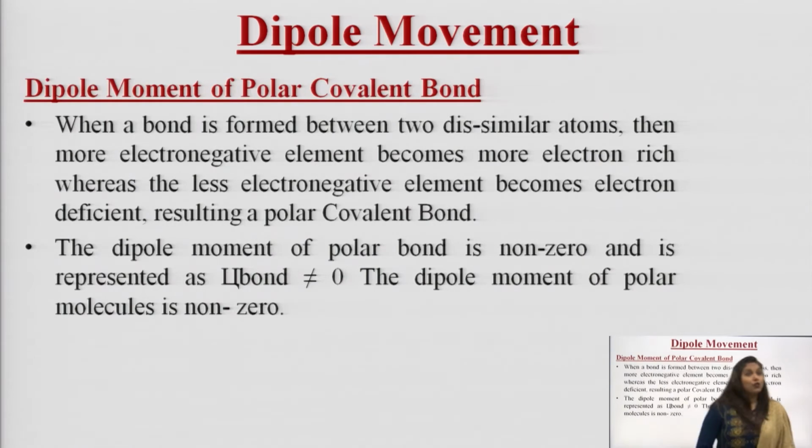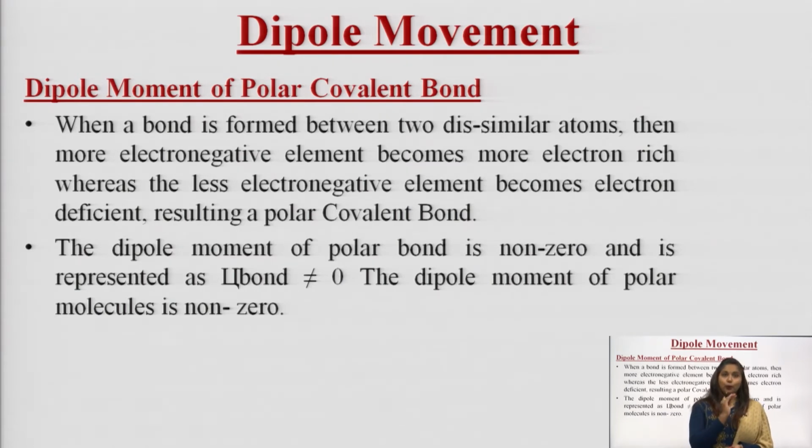Okay. So, moving to the next, we have dipole moment of a polar covalent compound. Now, we are going to discuss the dipole moment of polar covalent compounds. Here first we have, when a bond is formed between two dissimilar atoms, if the atoms are not similar to each other and the bond is formed between these two atoms.